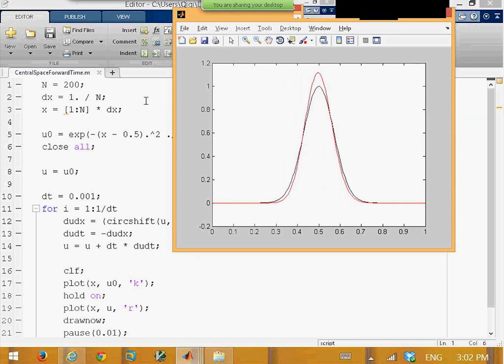We still get a little bit of growth, but at least you don't really see the undershoot below 0. And it seems the black one is better.